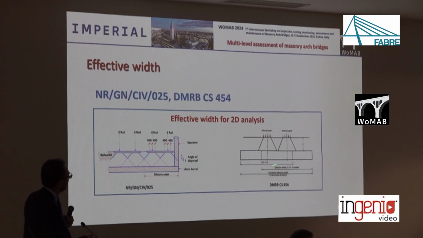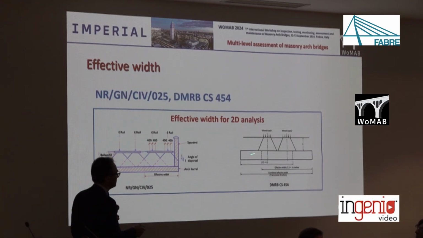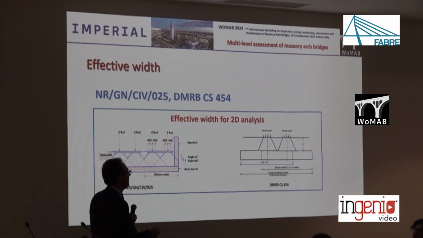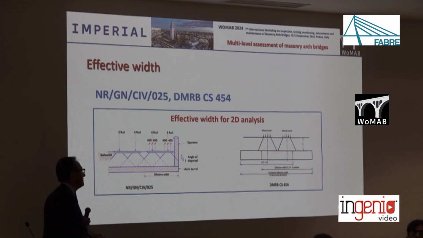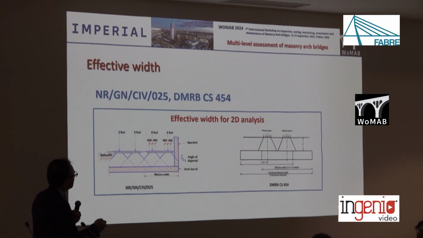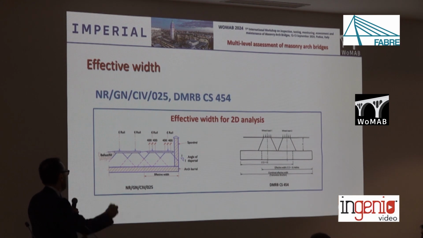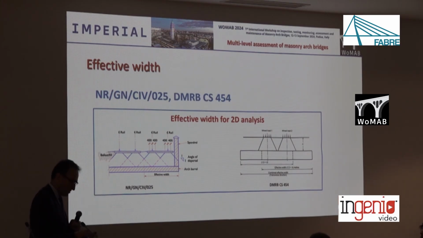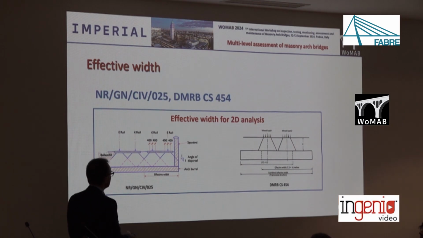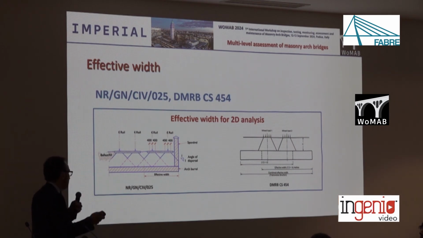Current guidance indicates effective widths based on basic geometrical considerations, considering largely the depth of the backfill and assuming a certain distribution of the load from the top of the roadway or railway down to the arch. So it does not depend on the material characteristics, and it doesn't depend on the 3D behavior of the structure.